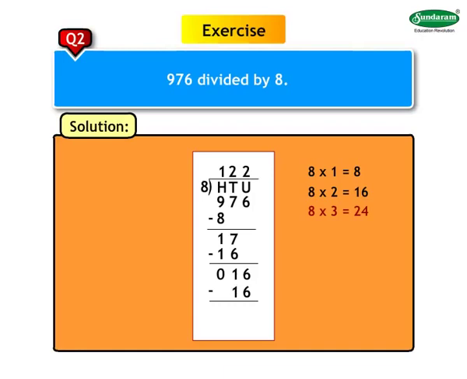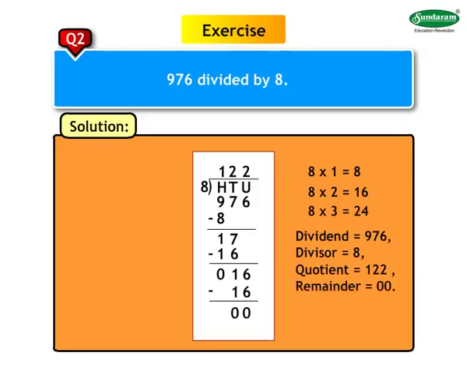After subtracting 16 from 16, we get 0, which becomes our remainder. Therefore, the quotient is 122 and the remainder is 0. Thus, the dividend is 976, divisor is 8, quotient is 122 and the remainder is 0.